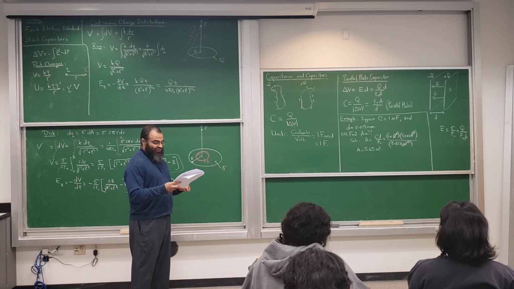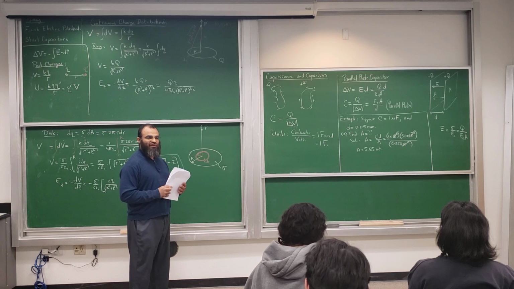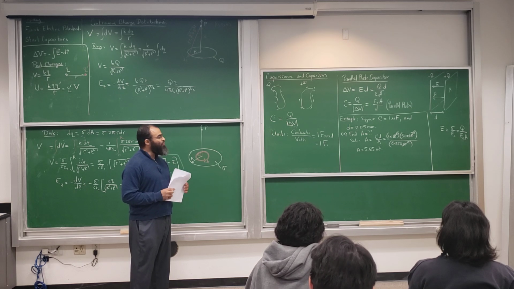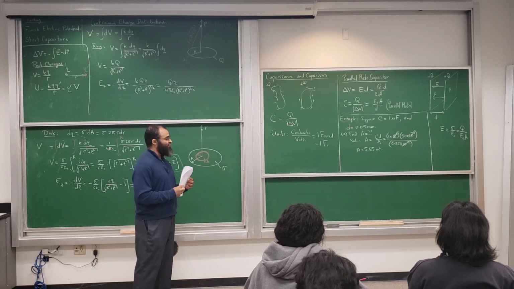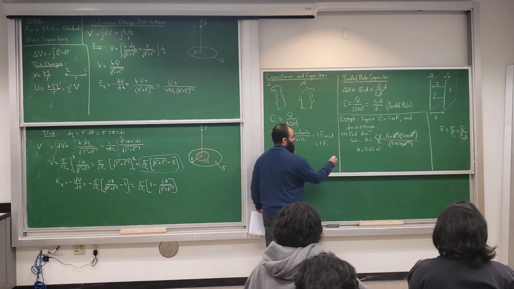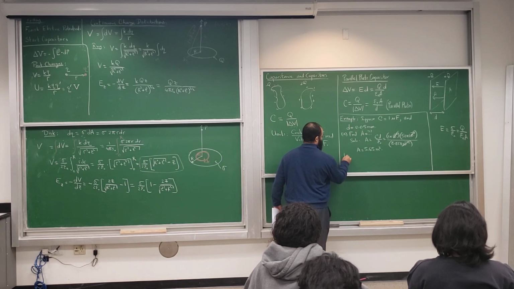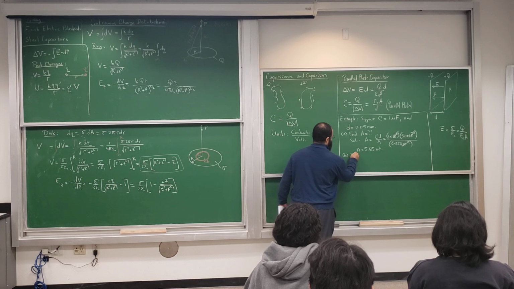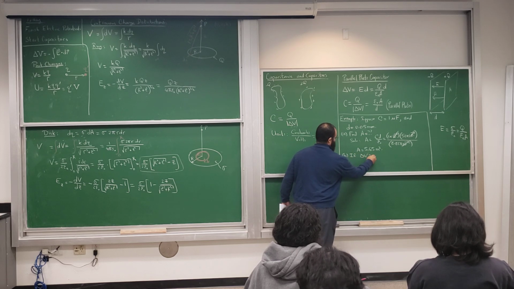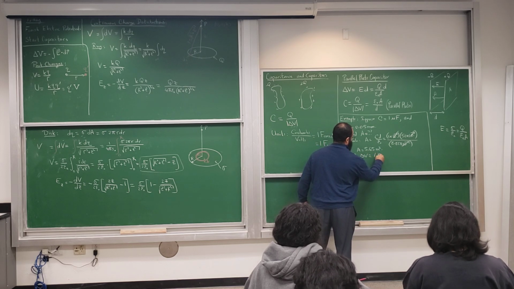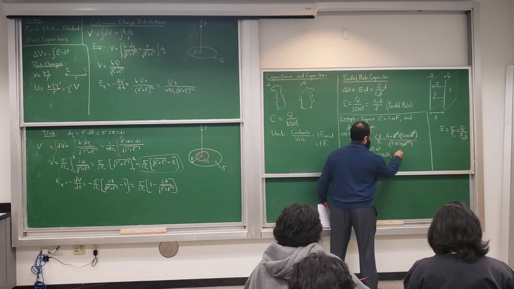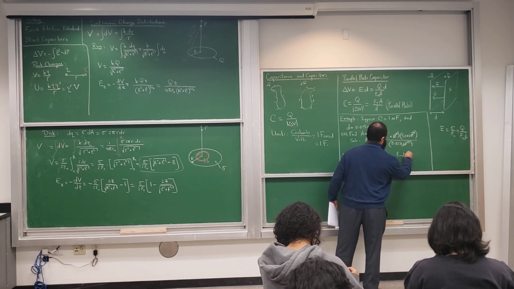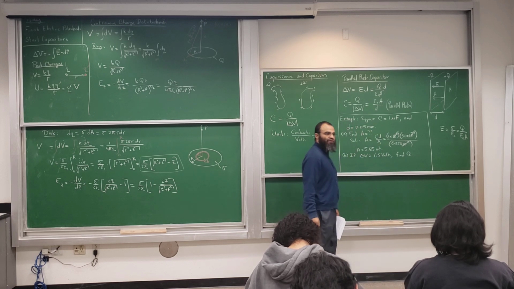Okay. The next question is, if the potential difference between the plates, delta V, is 1.5 volts, find Q. How do you find Q?